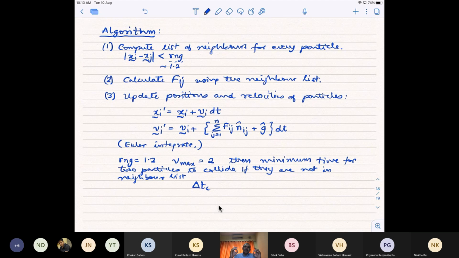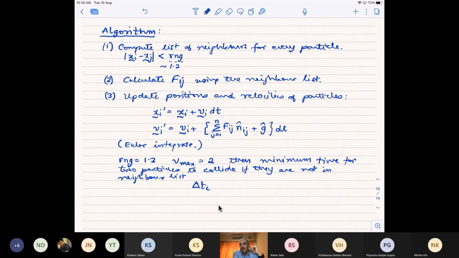Let's say you have a particle that is just at or a little greater than a distance of 1.2. So that means it's not in the neighbor list. And then suppose we don't update the neighbor list and we keep on integrating. So that particle will keep on moving. So the worst case scenario is that it will move through the distance 0.2 in a certain amount of time.